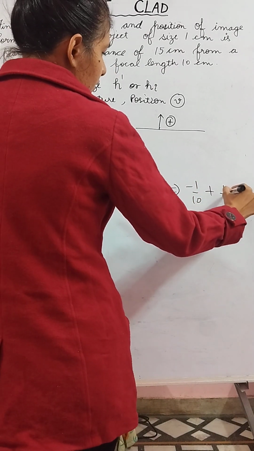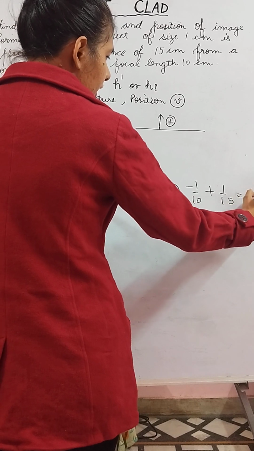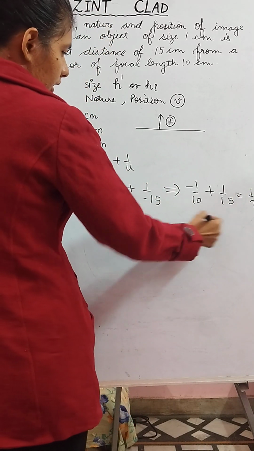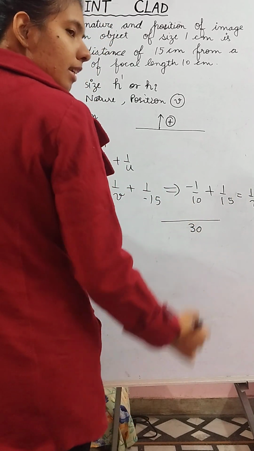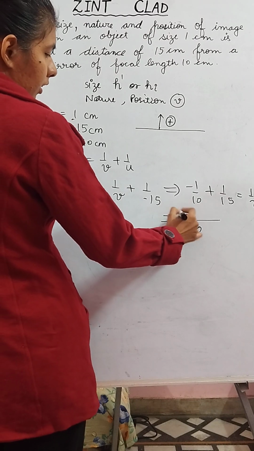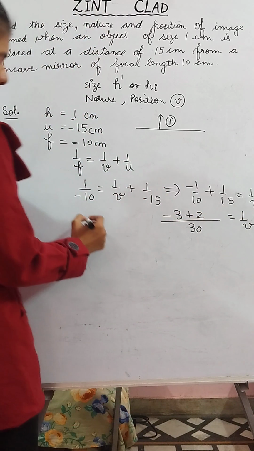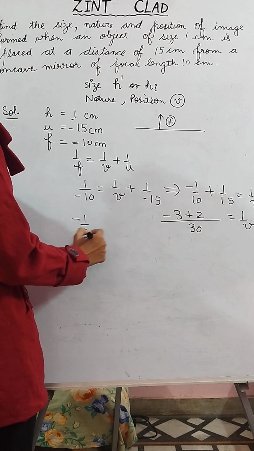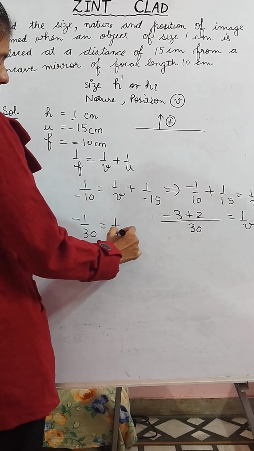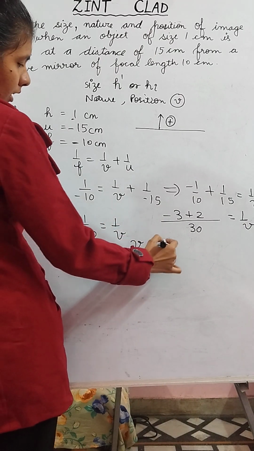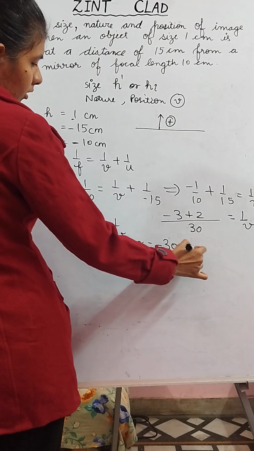It will become plus 15. And here we are left with 1 upon V. Now we'll take LCM. LCM would be 30. And here we will get minus 3 plus 2. That means 1 upon V would be minus 1 upon 30. Which implies V would be minus 30 centimeter.